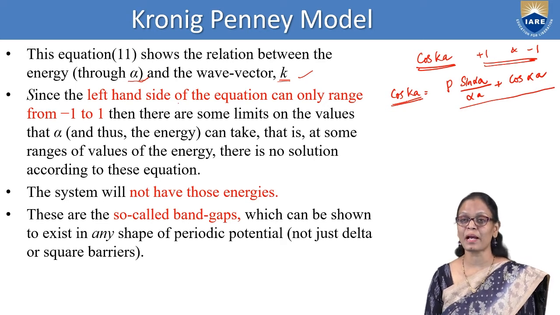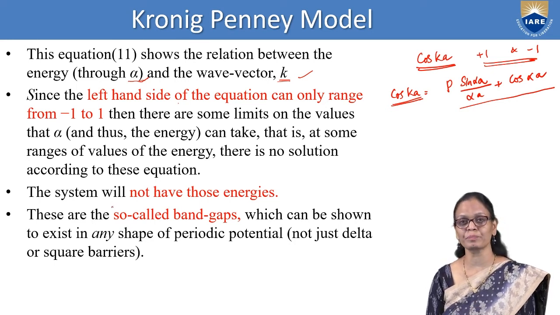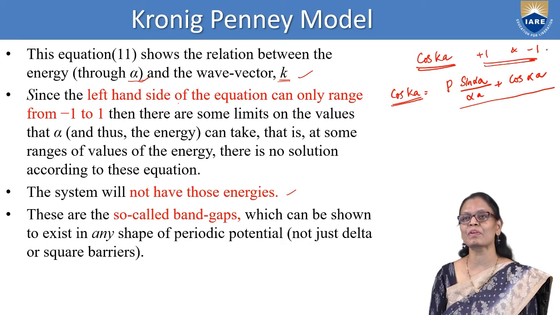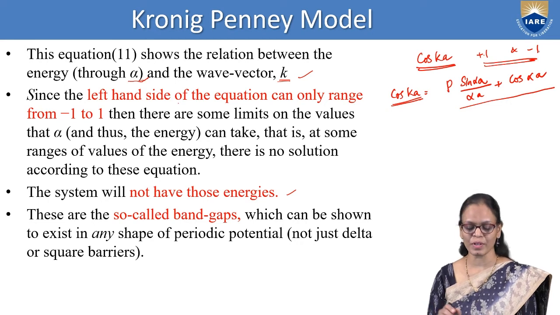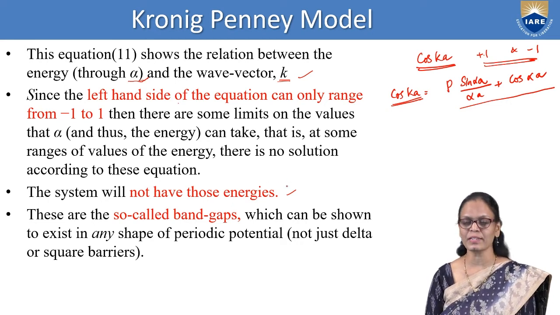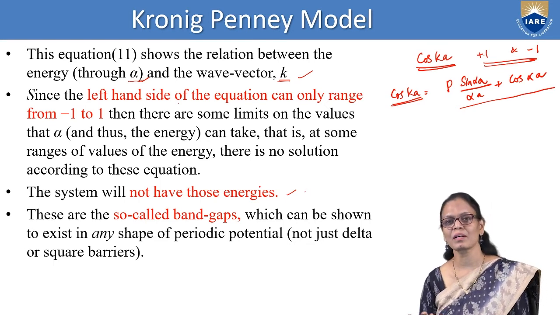We are applying this limitation to the values of alpha also. So the system will not have those energies. Alpha can have only those values related to +1 and -1, and only those energies, if you are talking in terms of eigenstates, are allowed. Some energies are not allowed.